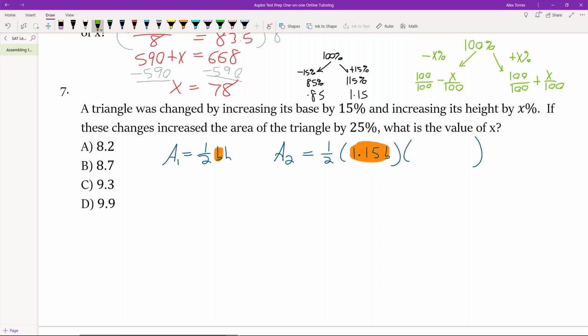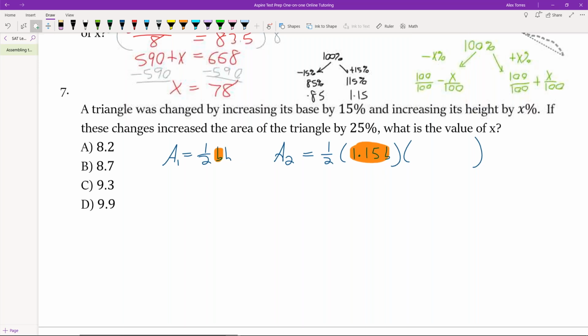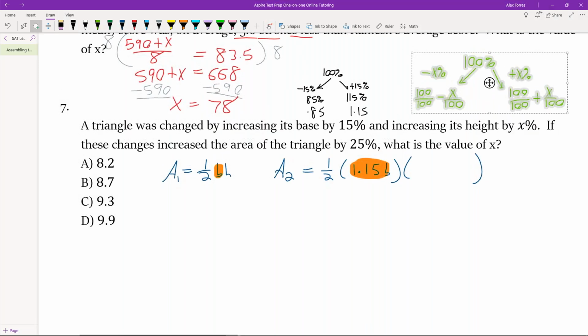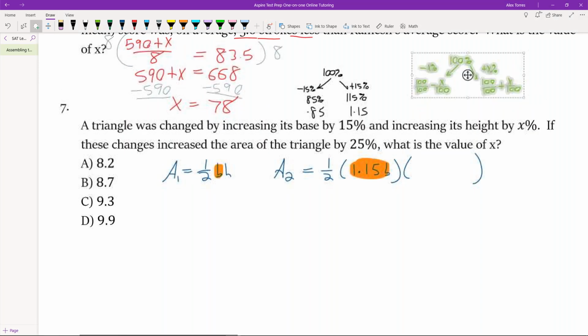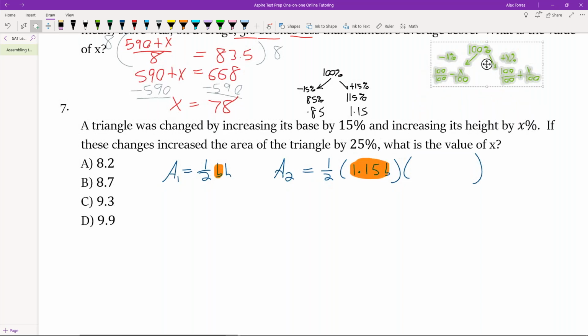So to just make it look a little neater, we have the same denominator anyway, so we may as well combine it into a single statement there. So we can just say 100 minus x over 100 for an unknown percent decrease, or 100 plus x over 100 for an unknown percent increase. So if I'm adding 15%, it would be 115% or 1.15.